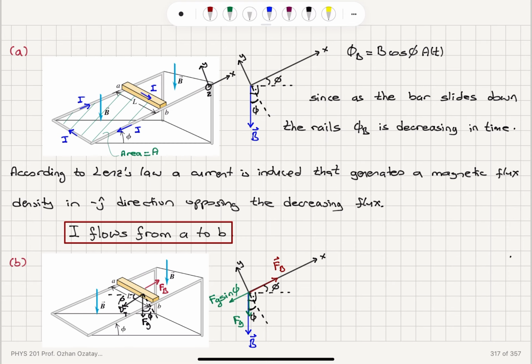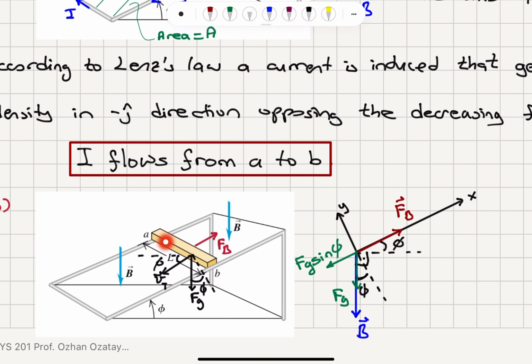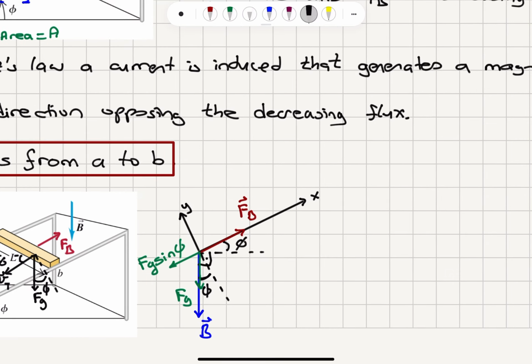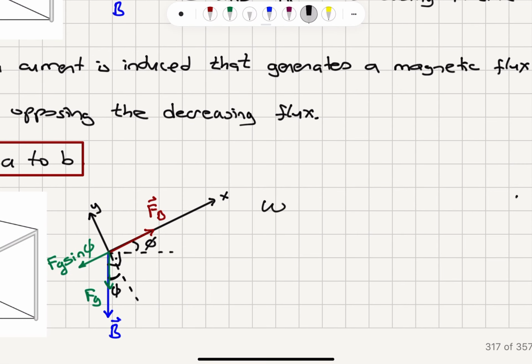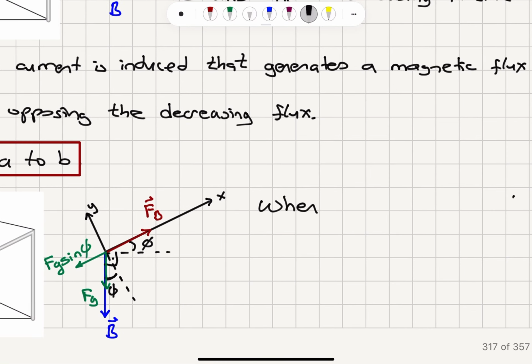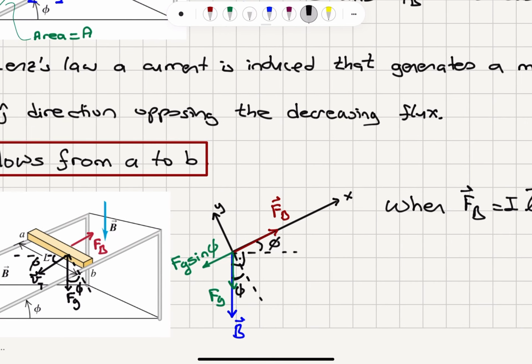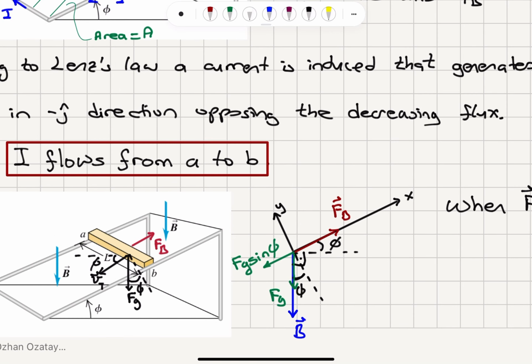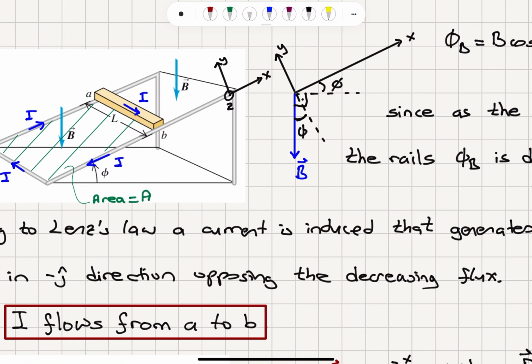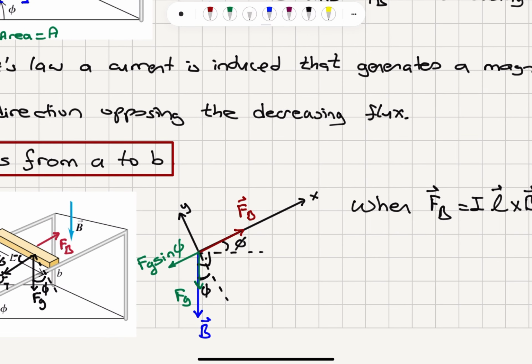You can see that because we have an induced current flowing on this wire, the magnetic field causes a magnetic force on the wire, which is F sub B, equal to I L cross B. The L vector is in this direction, which is basically the k hat direction.